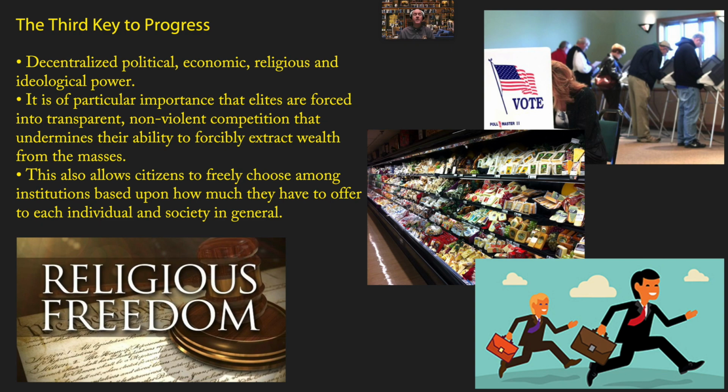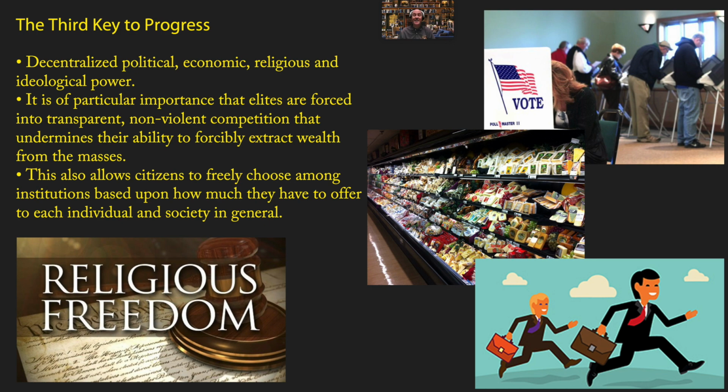Fortunately, a few societies evolved a different way of doing things. Instead of having centralized control by powerful elites who extract the food surplus from the farmers, they learned to decentralize political, economic, religious, and ideological power. And in particular, they forced elites to compete against each other in transparent, nonviolent competition.